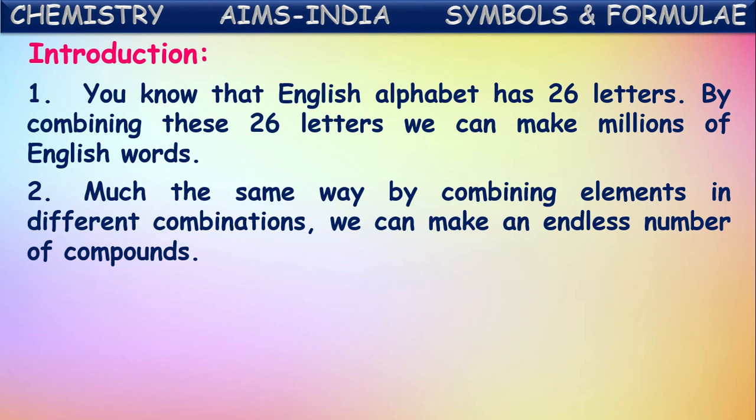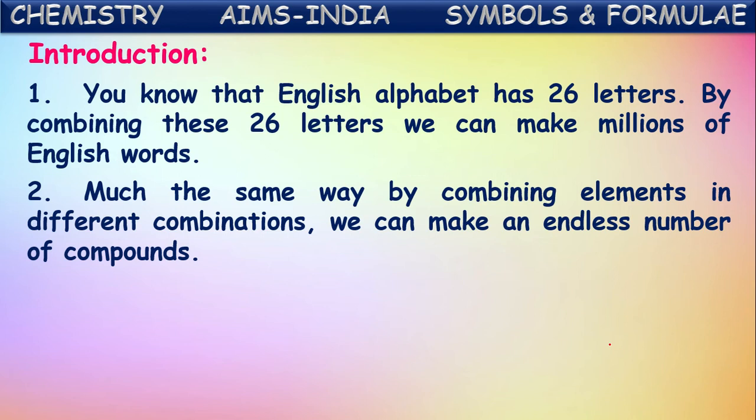In the similar way, in chemistry also, there are only 118 elements. Our scientists have discovered only 118 elements so far. These 118 elements combine in different combinations, making an endless number of compounds.